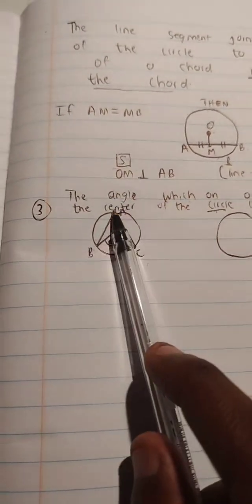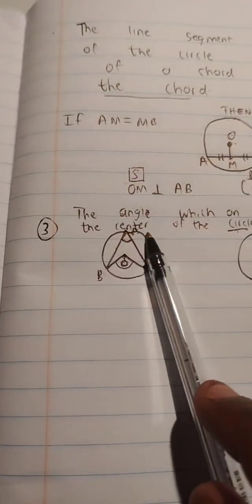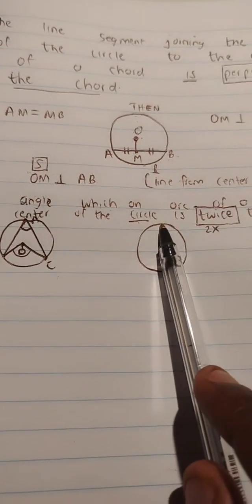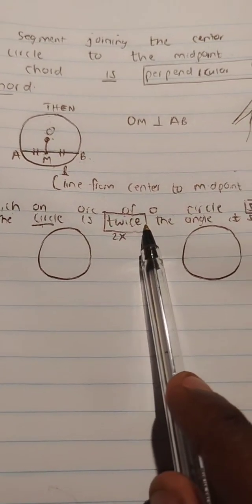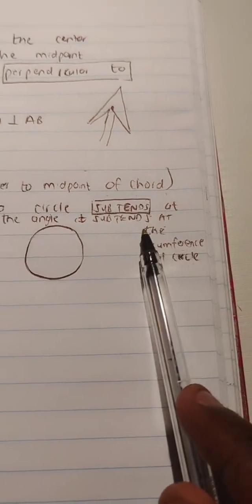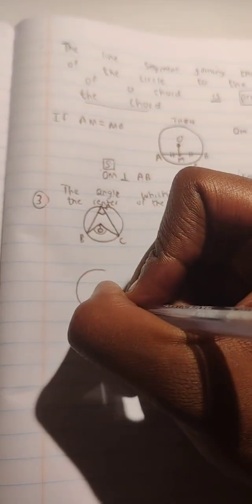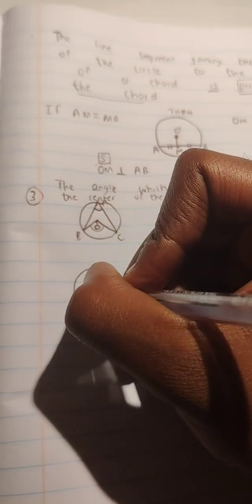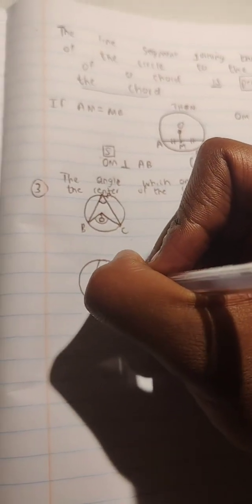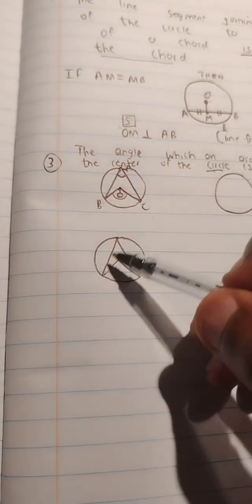They are saying, listen, the angle which an arc of a circle subtends at the center of the circle is twice the angle it subtends at the circumference. So I want to ask you guys, if this is my diagram, it's an arrowhead. I confirm 1, 2, 3 points, they are all at the circumference.